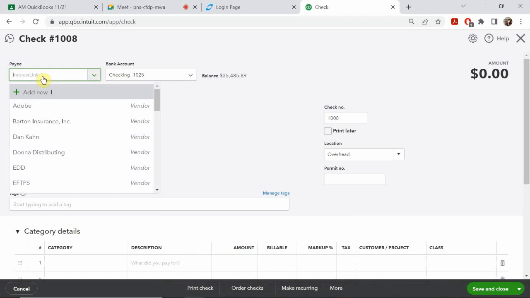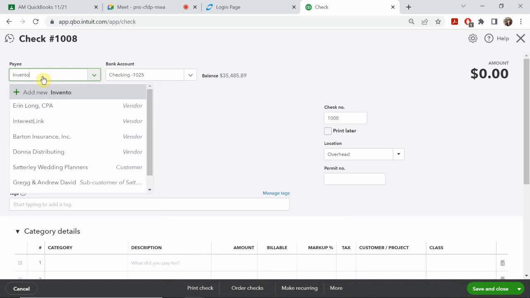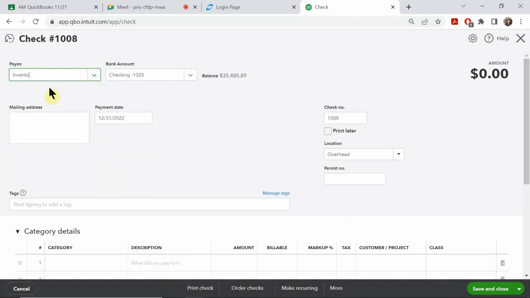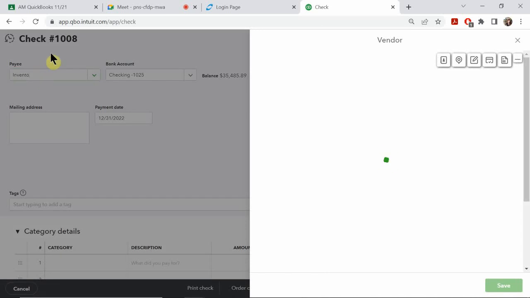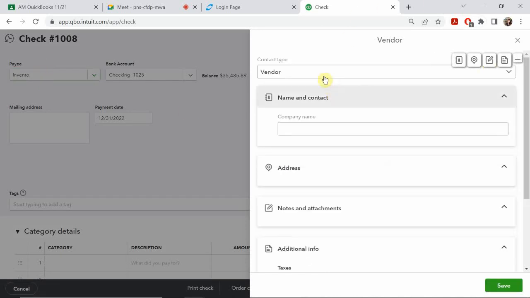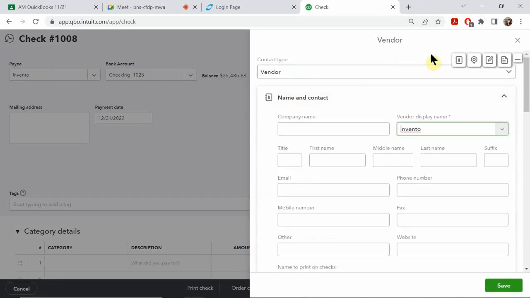So I'm going to quick add an inventory adjustment. Okay, and then I'm going to go ahead and click save.